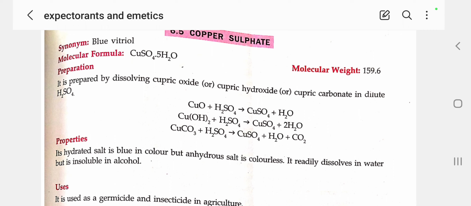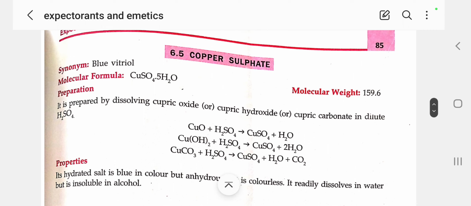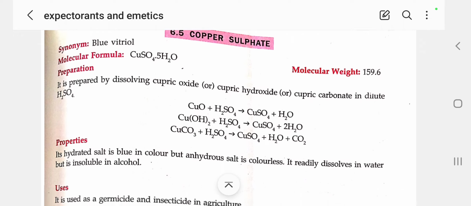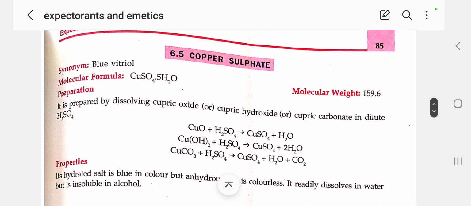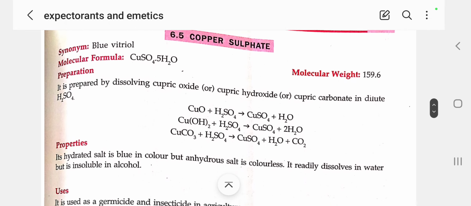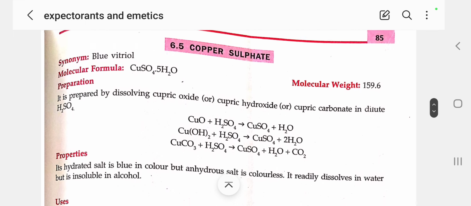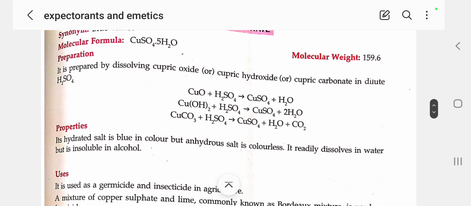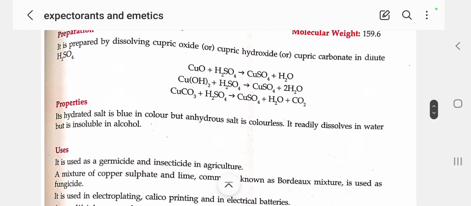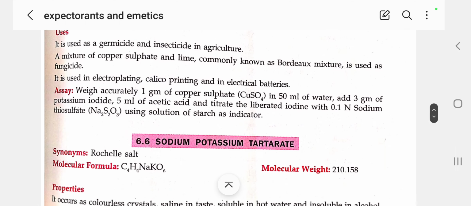Most colleges have copper sulfate in blue color, which indicates the hydrous nature of copper sulfate used for experiments. The anhydrous form of copper sulfate becomes colorless, which indicates that there is no water molecule. Then properties I already discussed, it is insoluble in water.